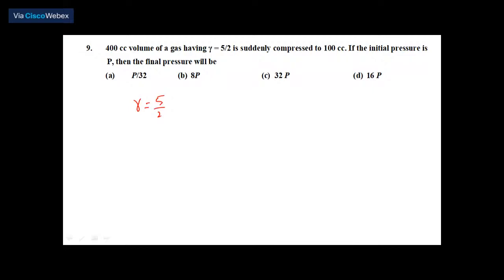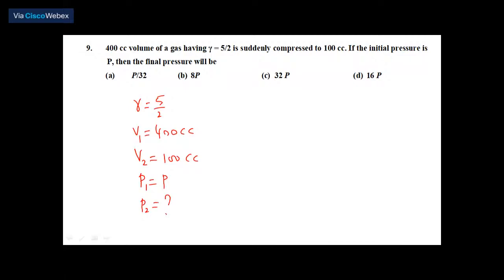V1 is equal to 400 cc, and the new volume is 100 cc. If the initial pressure is P, we will call initial pressure P1. P1 is equal to P. What is the final pressure? P2 we have to find out in terms of P.